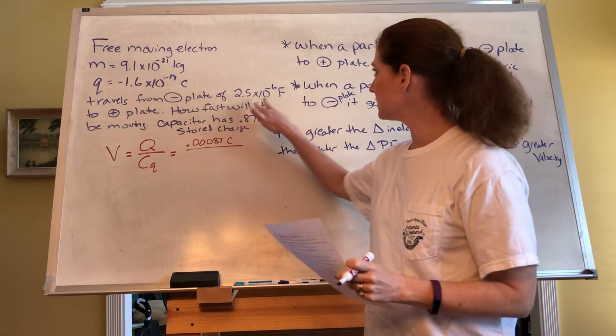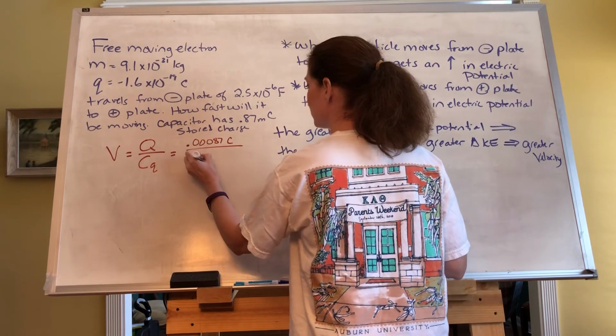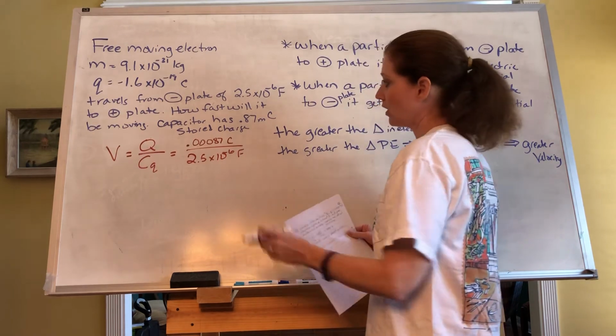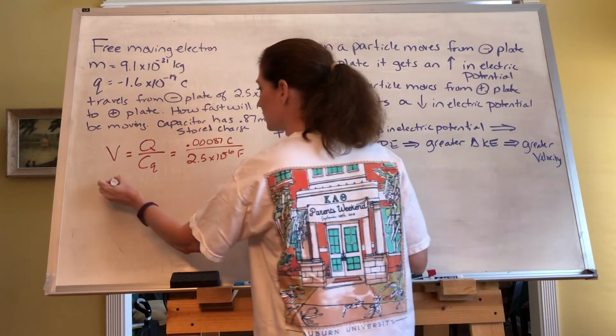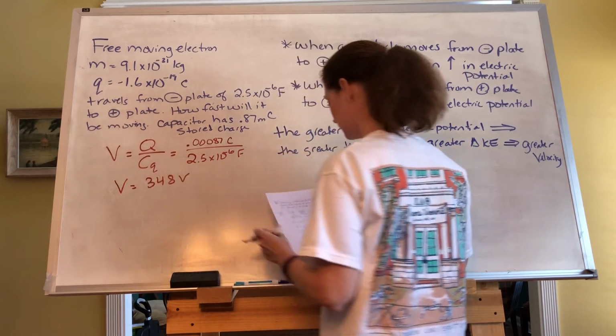The capacitance is the 2.5 times 10 to the negative 6. All right, so we calculate that and we're going to get that our electric potential is 348 volts.